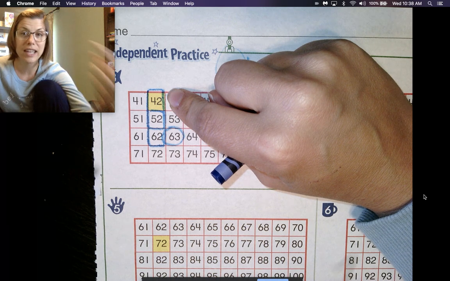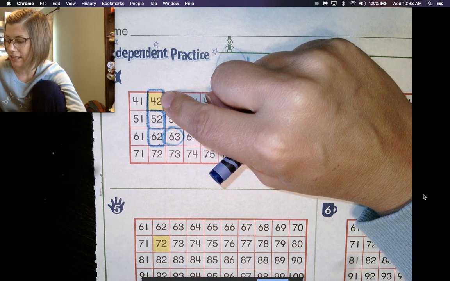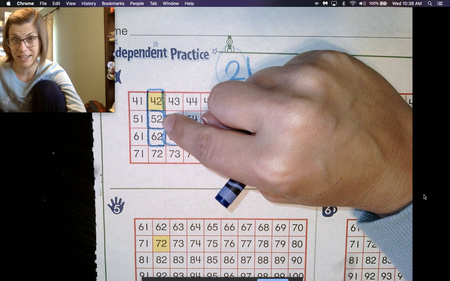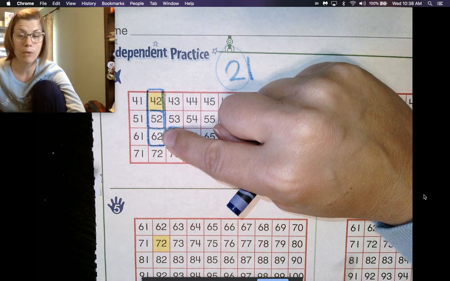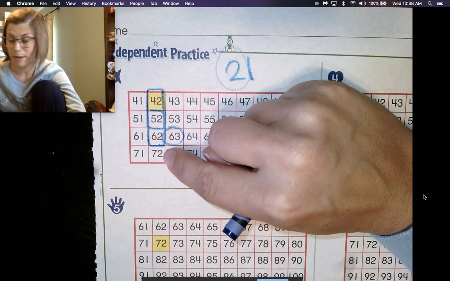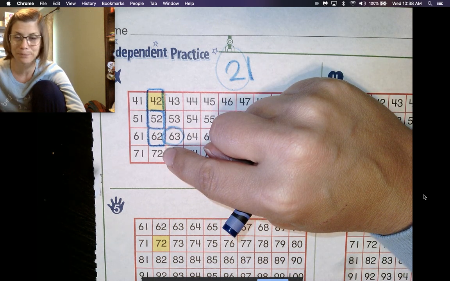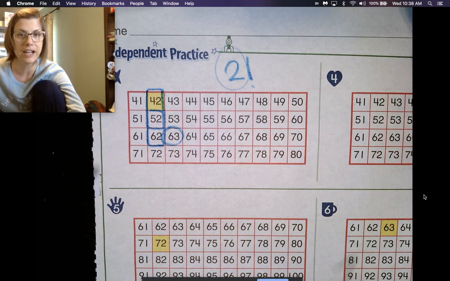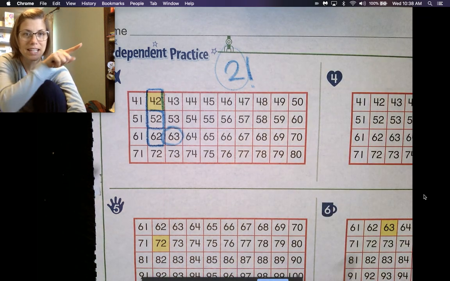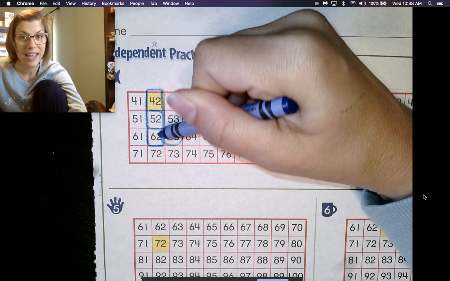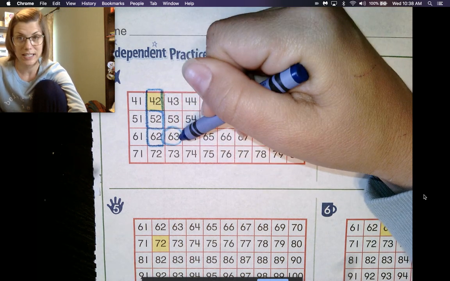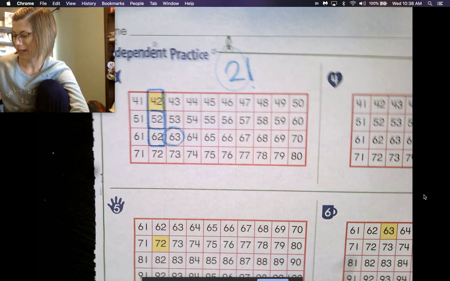In order to start counting, you have to move your finger like this. 10, 20, and then when I'm counting by ones, do I move down again and say 21? No, because that's tens. When I'm moving by ones right here, I have to move sideways like this. So I go 10, 20, and then sideways, 21, and I get to 63.